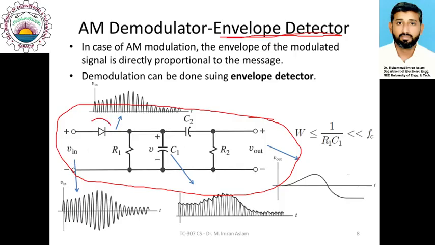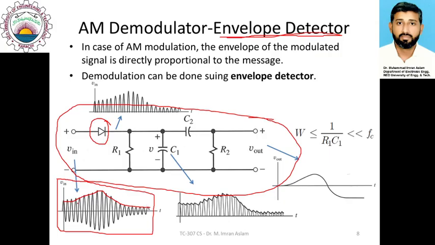You can see that the first stage of this envelope detector is a rectifier. I have illustrated it as a diode here. This is the AM signal, which is represented as Vin. This Vin is showing the AM signal, which has the envelope representing the message information.